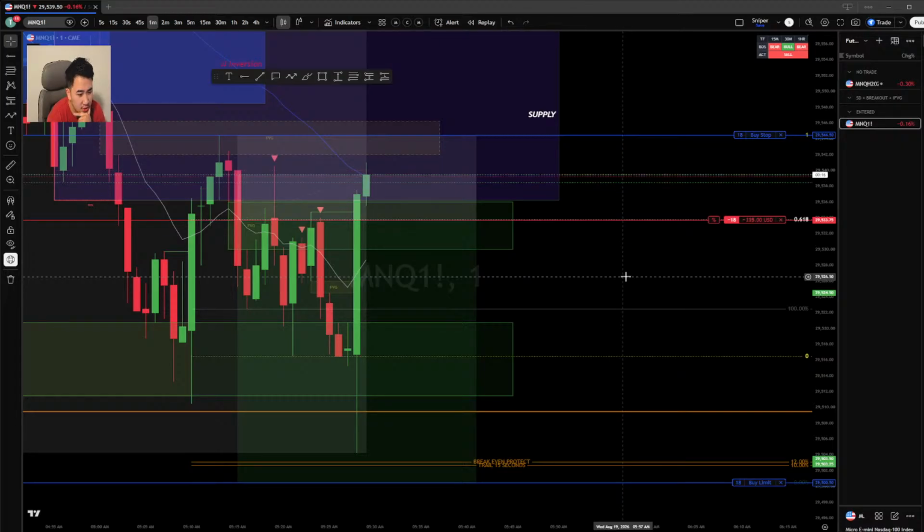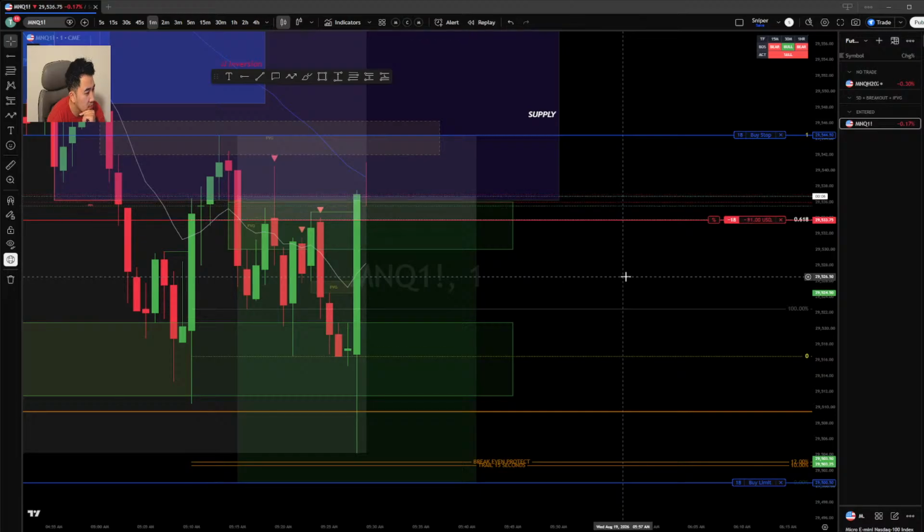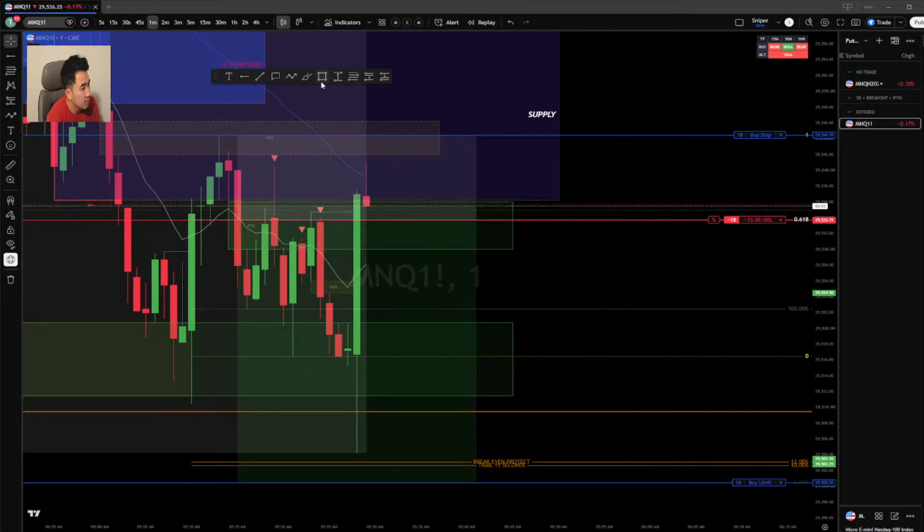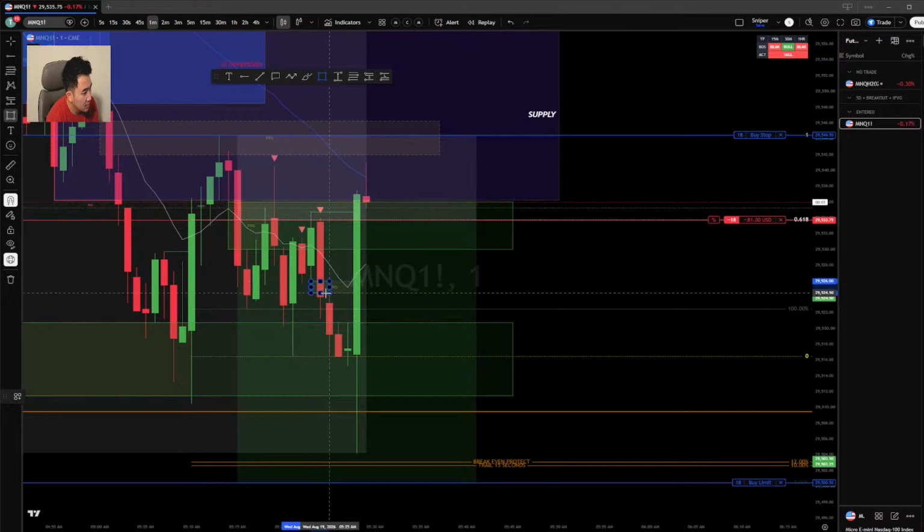Some strong sell pressure from here. We have this inversion.